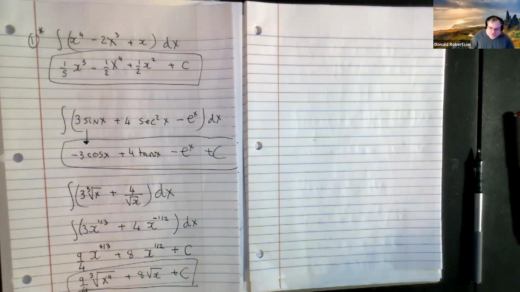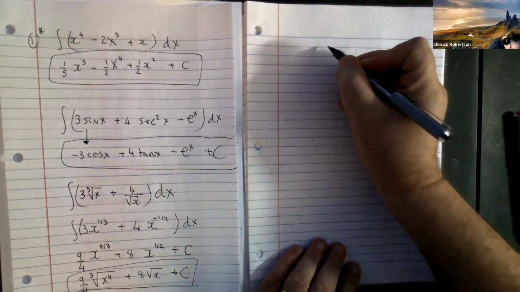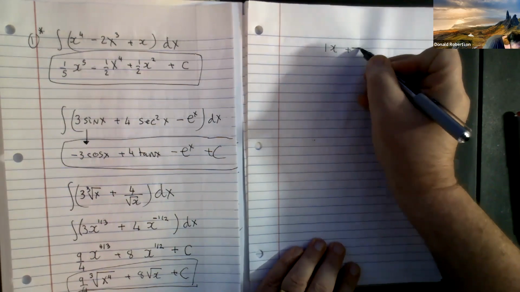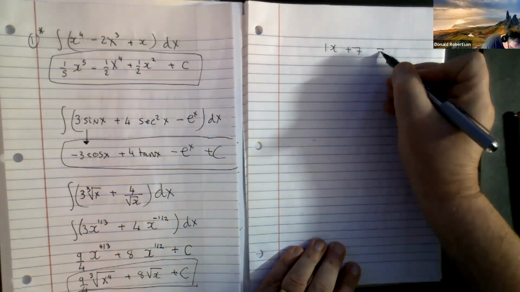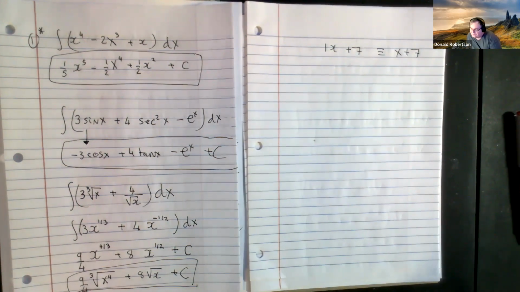So mathematicians, through experience, have come up with rules about what you write and how you should write them. And we use a lot of these rules even today. If I said to you the answer was 1x plus 7, would you agree that almost everybody would write x plus 7? Don't we have a rule? 1x, you don't need the 1, you call it x.